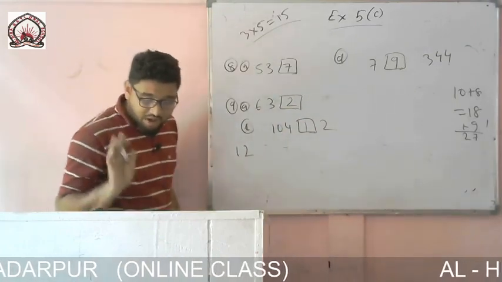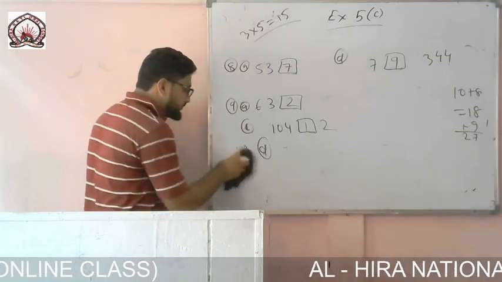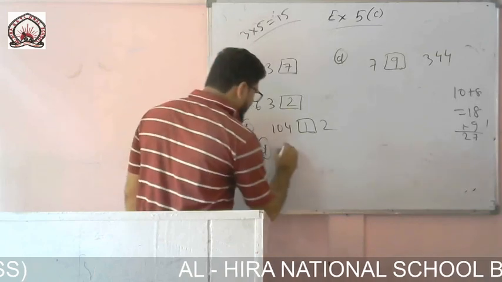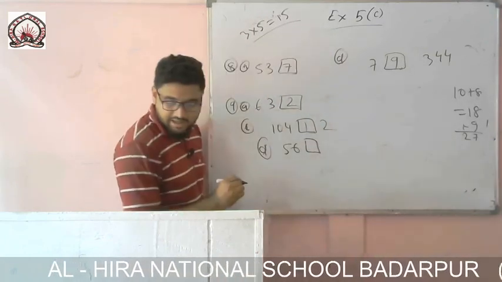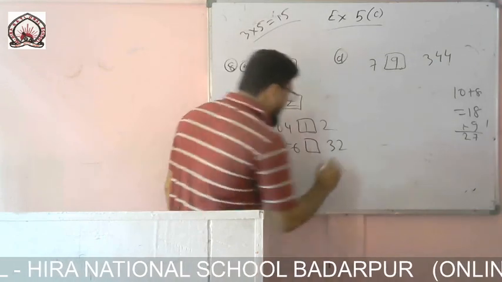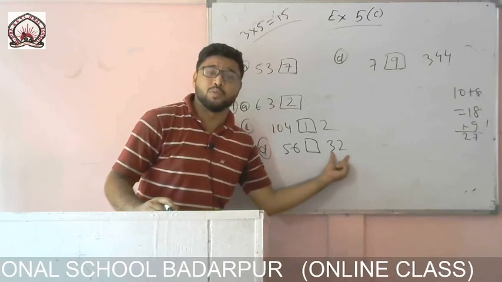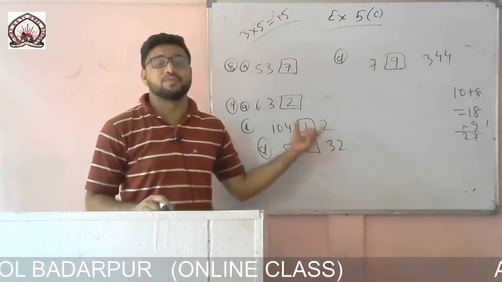Okay, finished. Now come to question number D, that is the last. So you see 5, 6, then box, then 32. We need to check that if the last 2 digits are divisible by 4, then the whole number is divisible by 4.